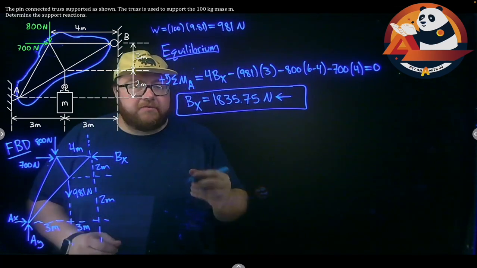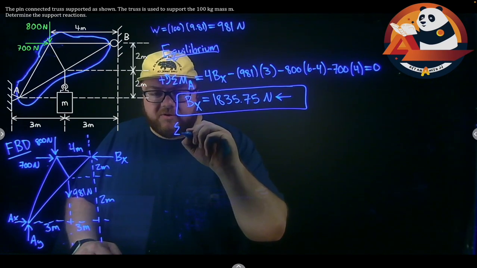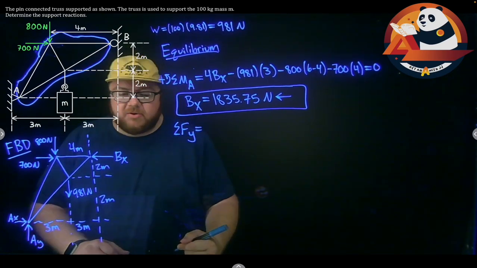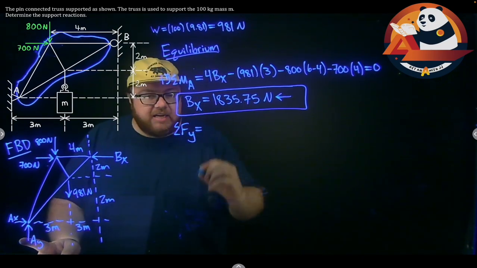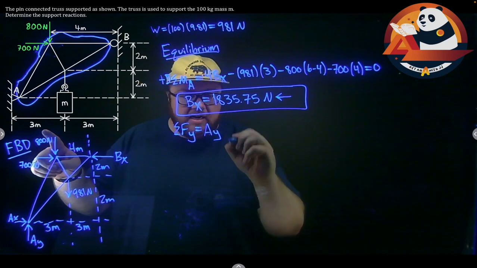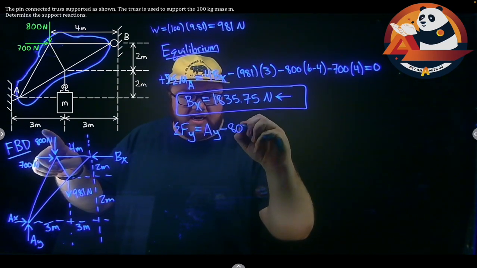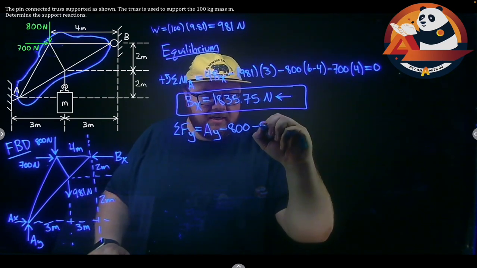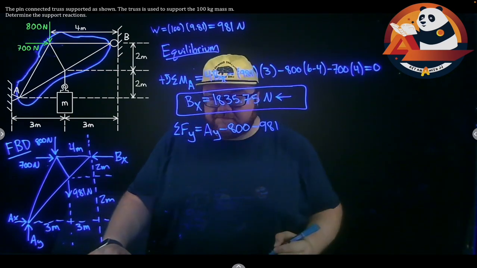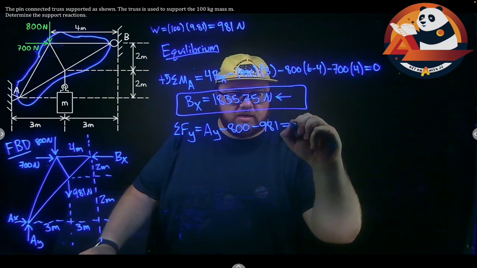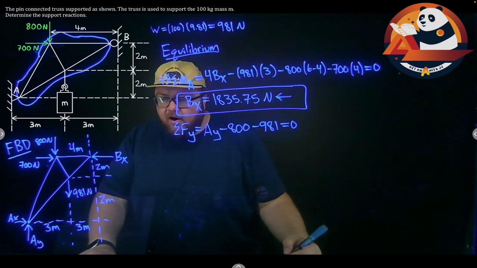From here, let's go to summing forces in the y. I could have done this one first. I just arbitrarily chose not to. There would have been nothing wrong with doing it first. But I have Ay, I assumed went up, so put it as positive. I have 800 coming down, minus 800. And I have the weight coming straight down, minus 981, equals 0.